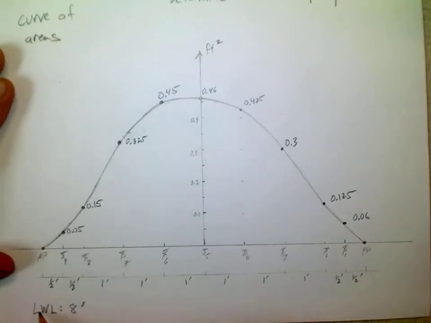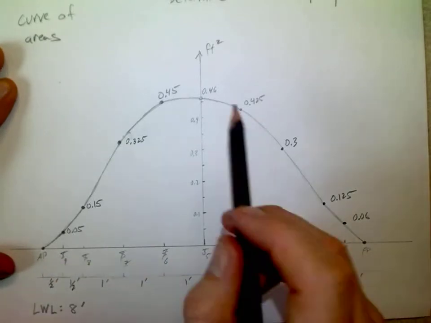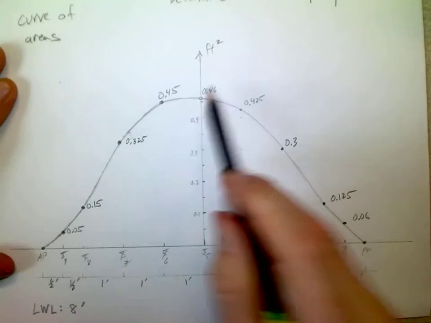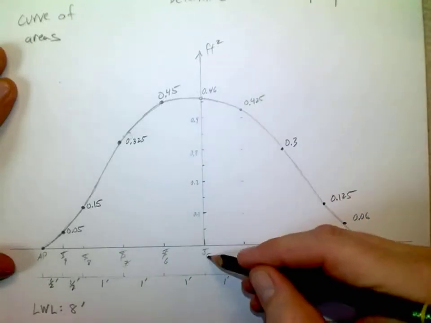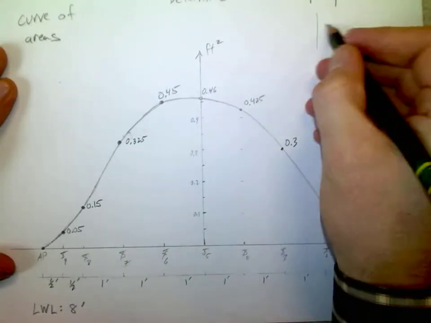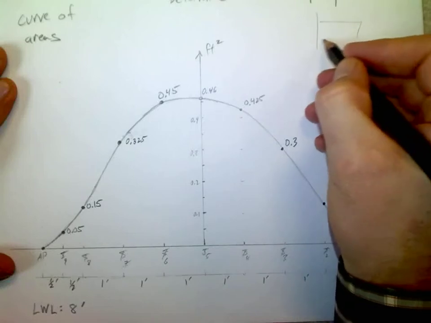The total length of waterline is 8 feet. So I've got 1, 2, 3, 4, 5, 6, 7, 8. So that's where my 8 came from. And at each station, I have area values. So for example, station 5 might look something like this.